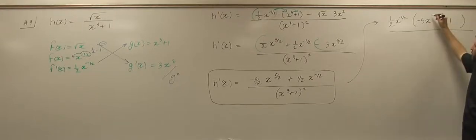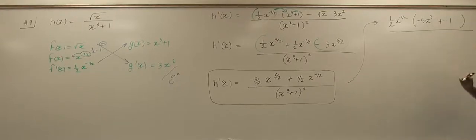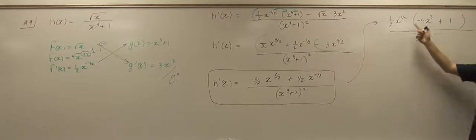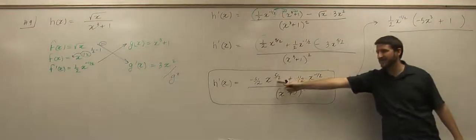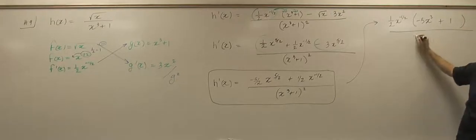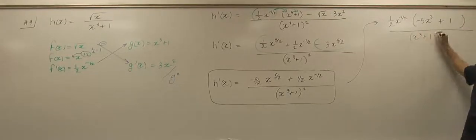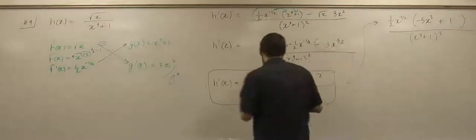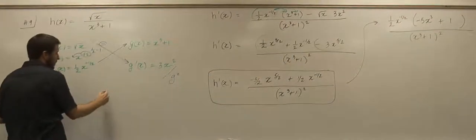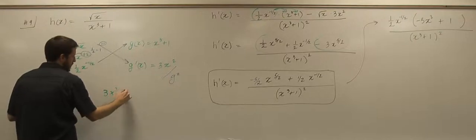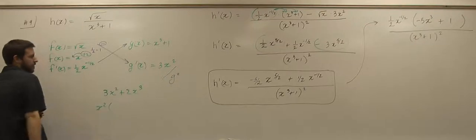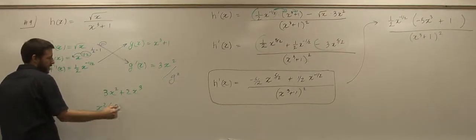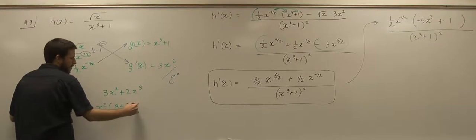6 over 2. How about 3? Yeah, that's what I meant, because negative 1 half plus 3 is going to get us back to this 5 halves. So let me say that again. When you factor, normally, if you had 3x squared plus 2x cubed and you factored out an x squared, what would you have left? 3 plus x.